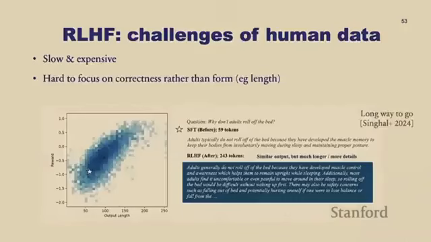Second, as I just mentioned, it's hard to focus on things that matter, like correctness. People usually look at things that don't matter as much, like the form, like length. What I show here is that when you do RLHF, the more you do of it, the longer the output of the models becomes. So if you've ever been annoyed at ChatGPT answering you with super long sentences, this is because of RLHF.